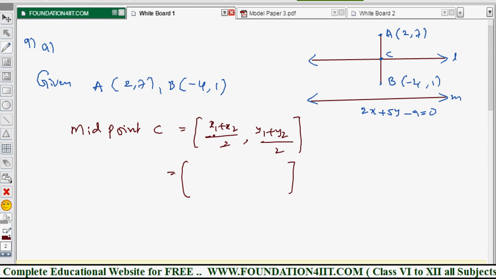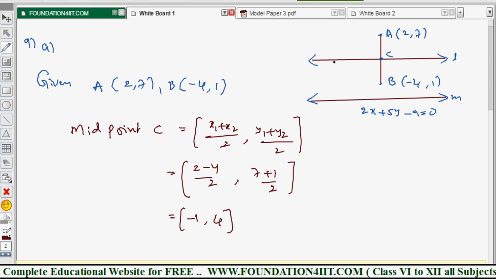That means add the x coordinates: (2 - 4)/2, (7 + 1)/2. So that is -2/2 which is -1, comma 4, since 8/2 is 4. This is the point C.